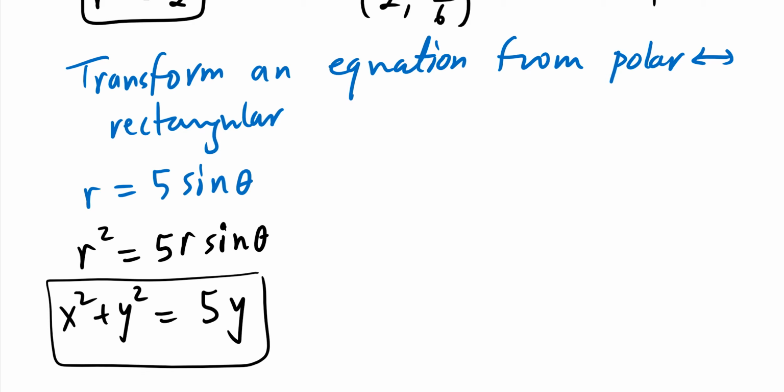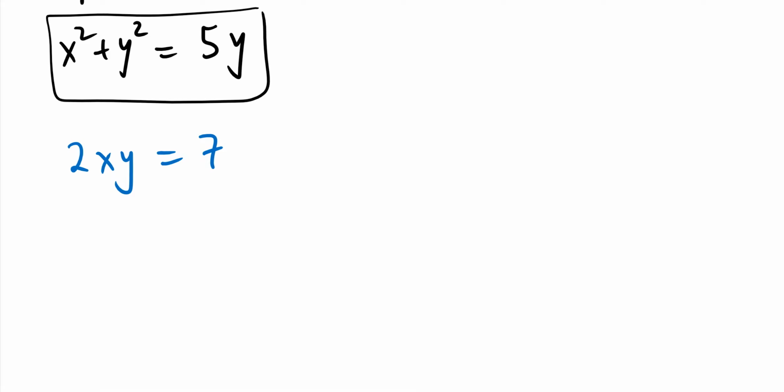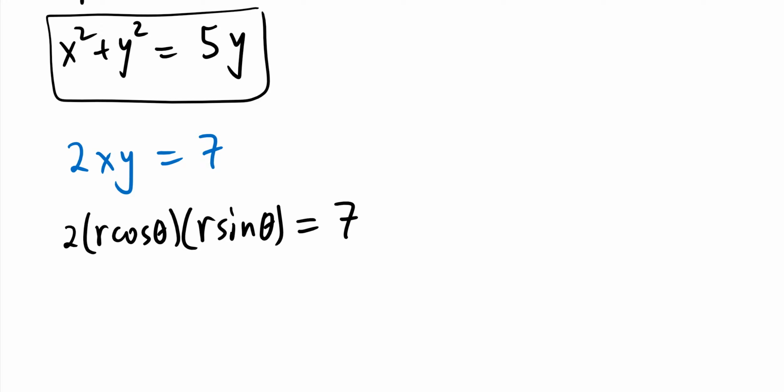What about another one? But let's say 2xy is 7, from rectangular to polar. Well, as long as you get rid of x and y, that's what matters. So x is r cosine theta and y is r sine theta equals 7. We can multiply this out to get 2r squared sine theta cosine theta equals 7.